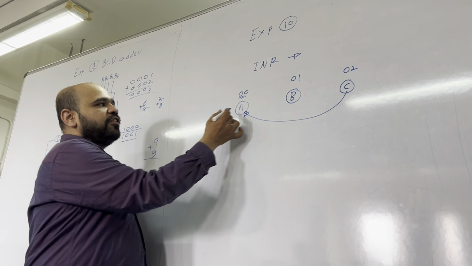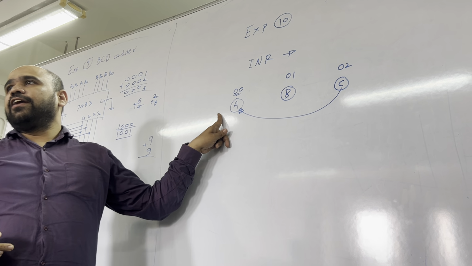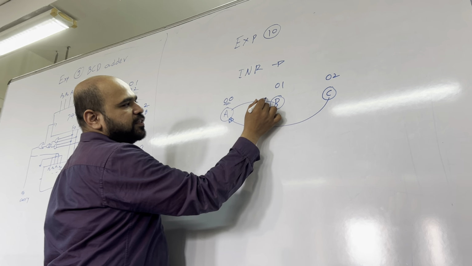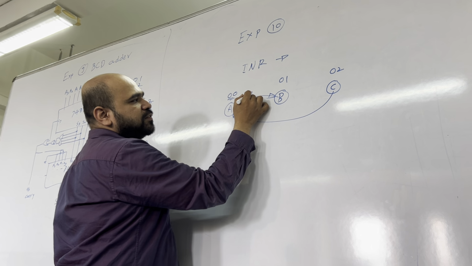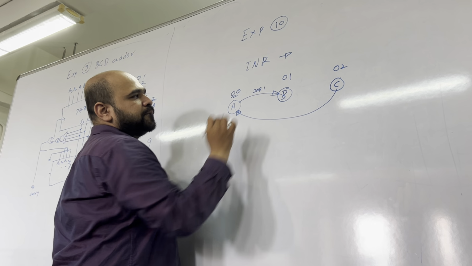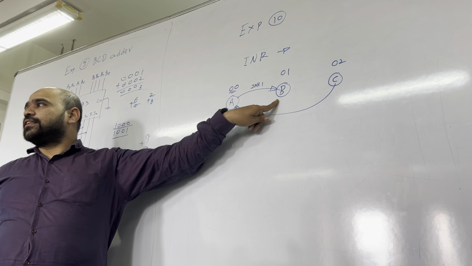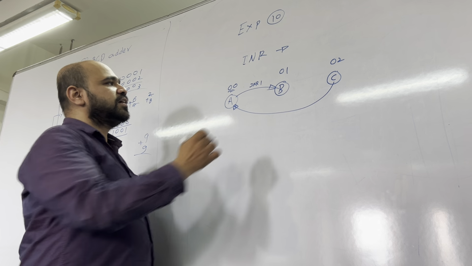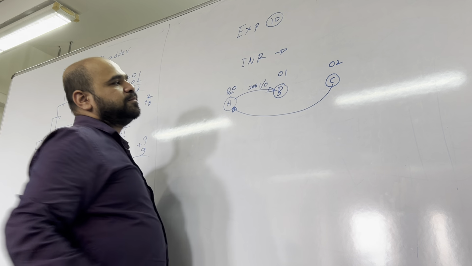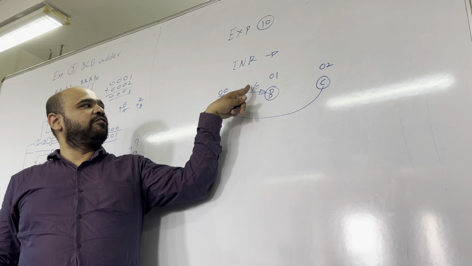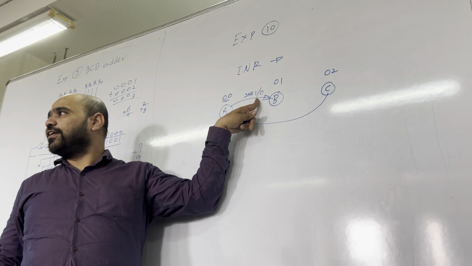So what will happen if you are in state A and feed? Now there are two chances. You feed rupees 1. So this is input rupees 1. Do you need to dispatch anything? No. So you will say don't dispatch anything. Correct? Now what will happen if you have 1 more rupee, INR 1?